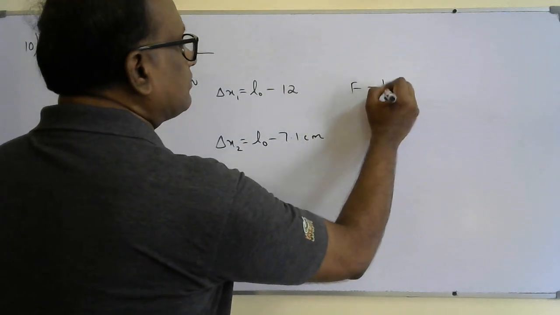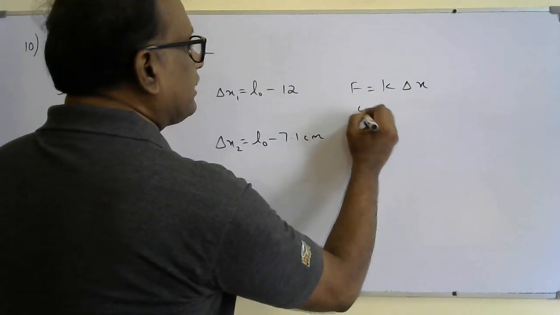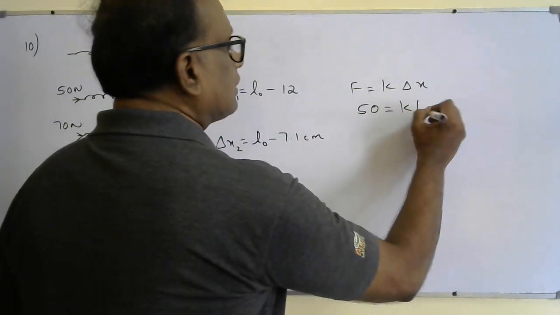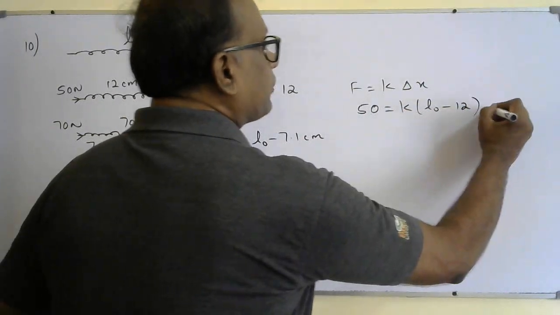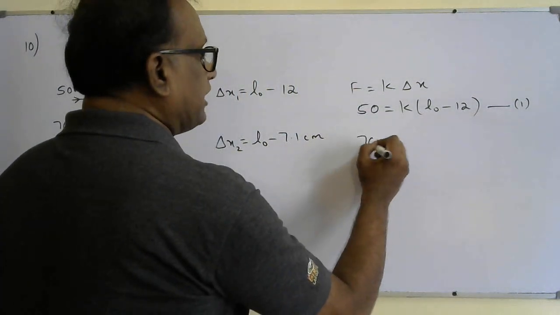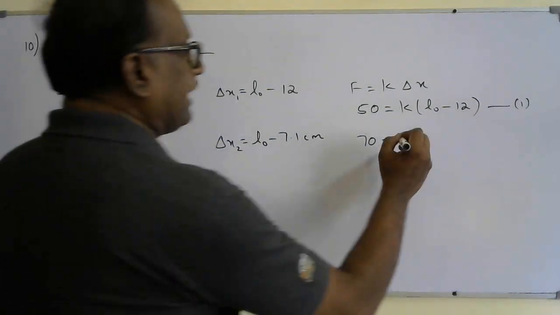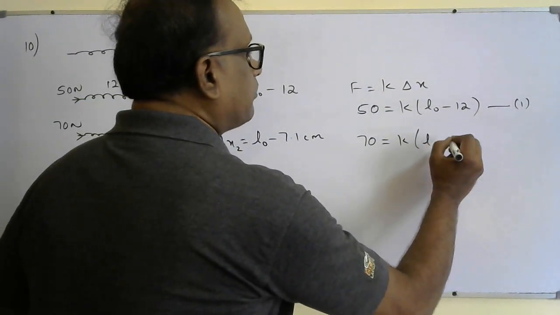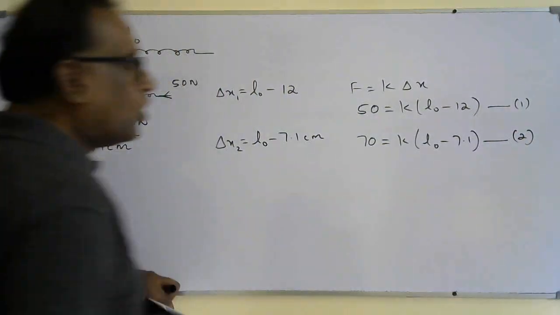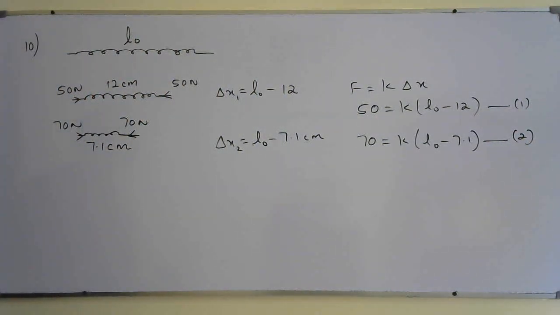If I write here, 50 is equal to K into delta X, which is L0 minus 12, equation 1. Here the force F is 70 Newton, equal to K into L0 minus 7.1, second equation. Okay, that's all. I need to find an expression for K. Right, we'll subtract.